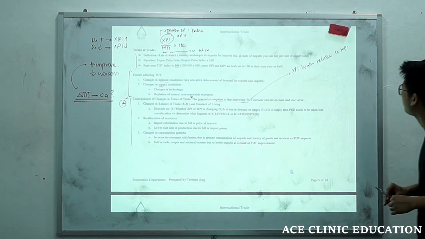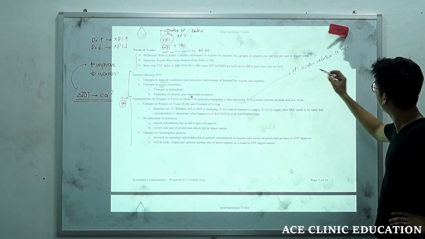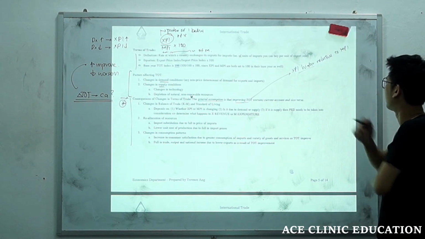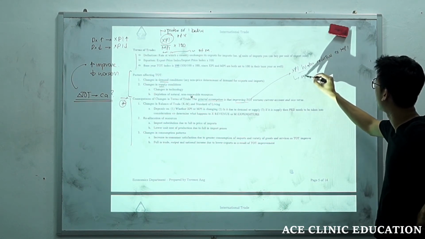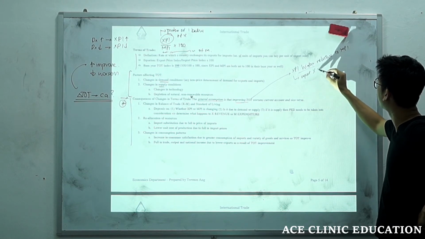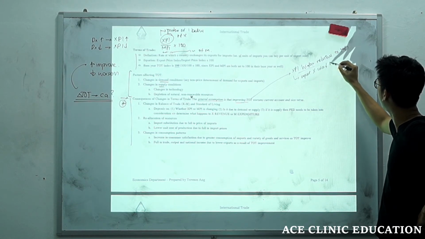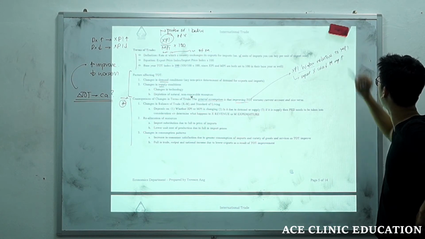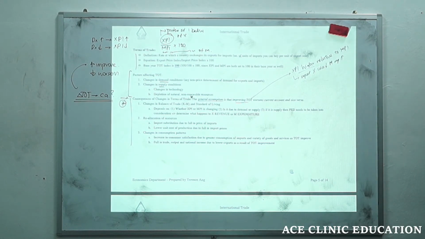So when it's higher, right, then we expect export sales to fall and import expenditure to rise. Right, because foreigners will switch away from buying exports and domestic consumers will switch to buying imports. So we expect a current account worsening.